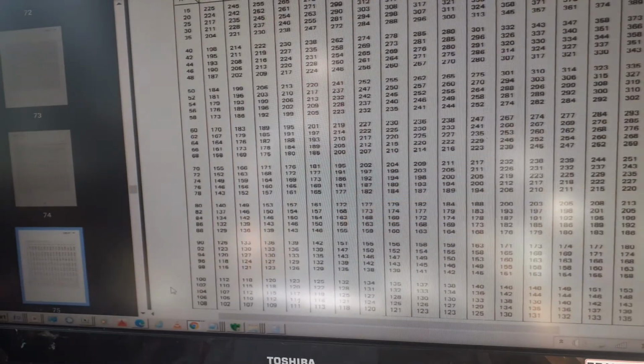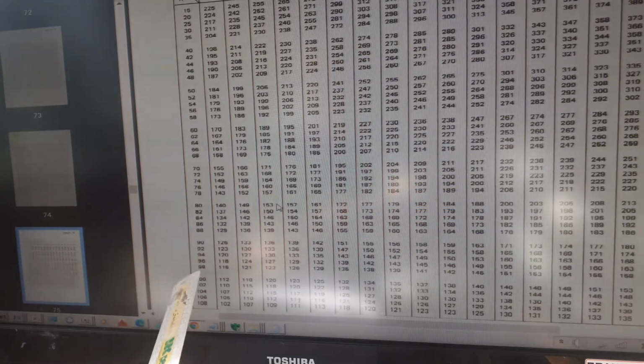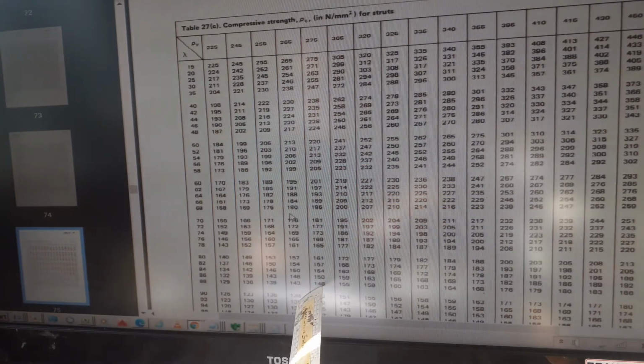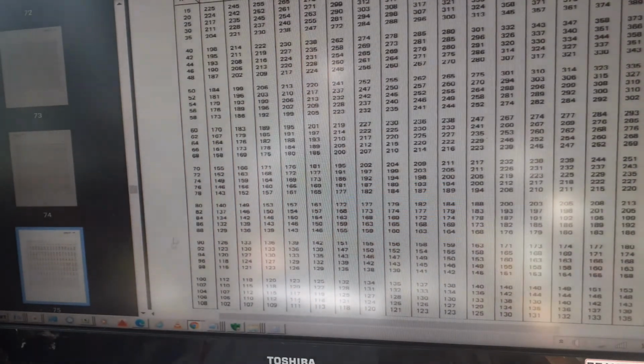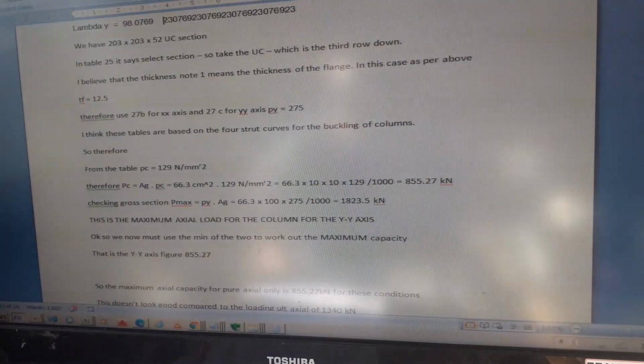This is definitely table C for struts. Lambda equals 98, PY equals 275. Oops, it's there. So PC should be 129 newtons per millimeter squared. Yep, that's right.